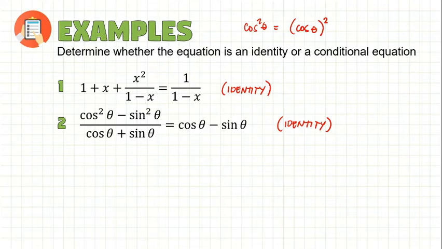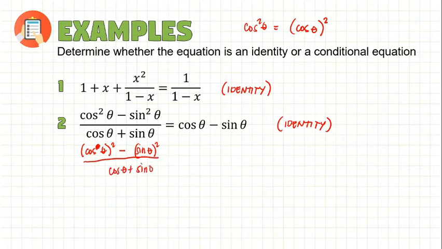Same goes with the other trigonometric functions. So in that case, the left-hand side of the equation will become cosine squared theta minus sine squared theta all over cosine theta plus sine theta, right?